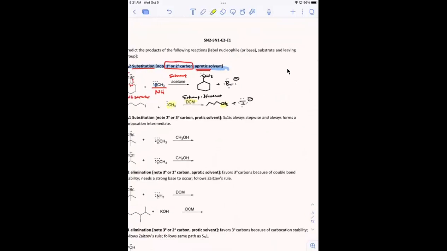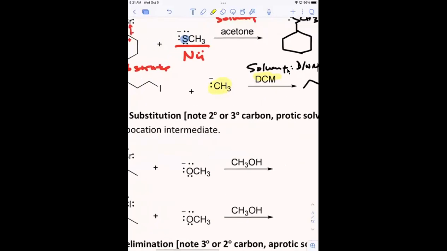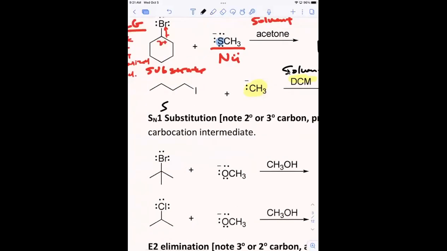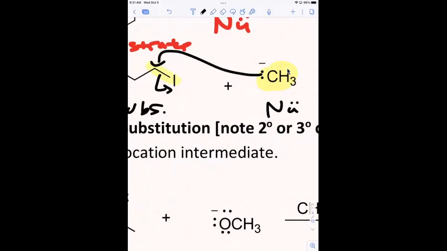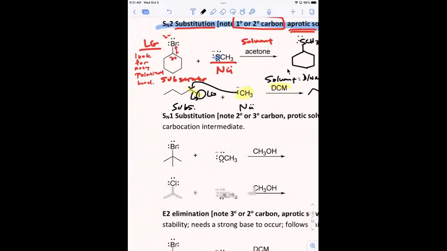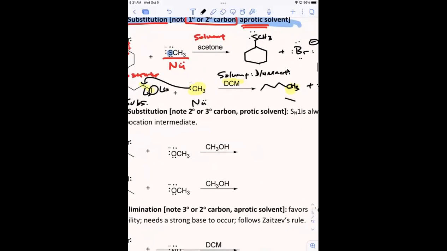Yes, because remember, this is my substrate, this is my nucleophile, and this is the bond that I'm targeting in the substrate. So that CH3 is coming here to attack, because iodine is my leaving group. I'm forcing out the leaving group with the nucleophile and they just swap places. So that CH3 ends up there. So yes.